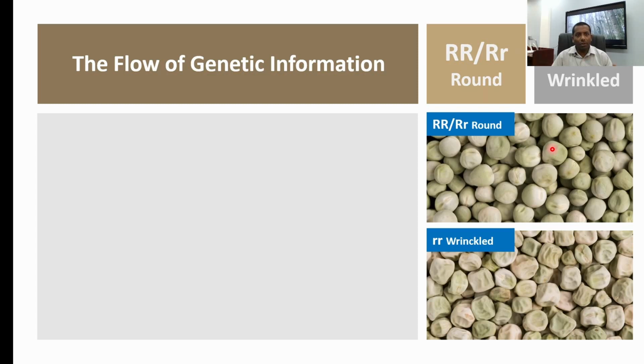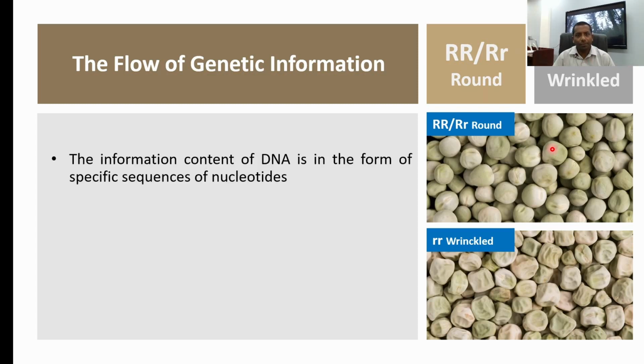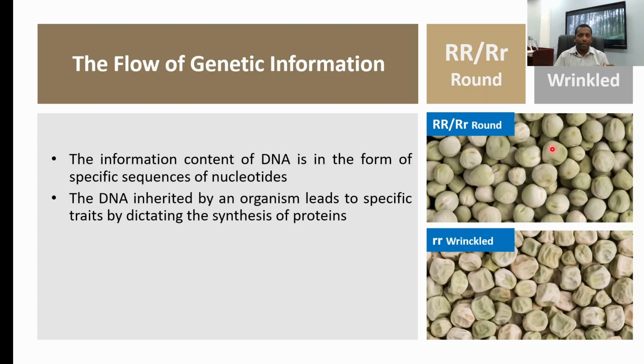Right. So when we talk about the flow of genetic information, the information is stored in the DNA in the form of specific nucleotide sequences. The DNA is inherited by an organism from their parents, and that particular information dictates the synthesis of proteins.